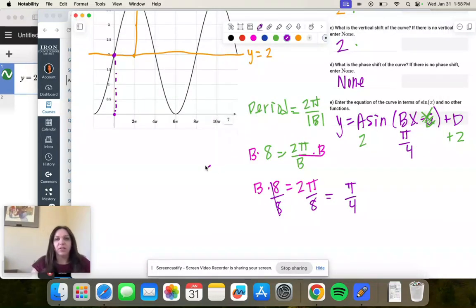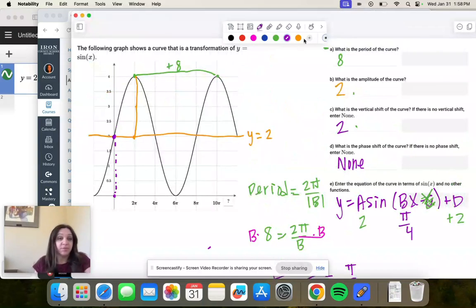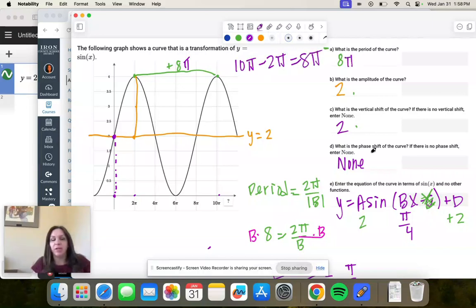So what happened on that? I'm going to just show you my mistake just in case you make it too. So I went from 2 to 10. I forgot the pi. So I would take 10 pi minus 2 pi. There's still a pi in my period.